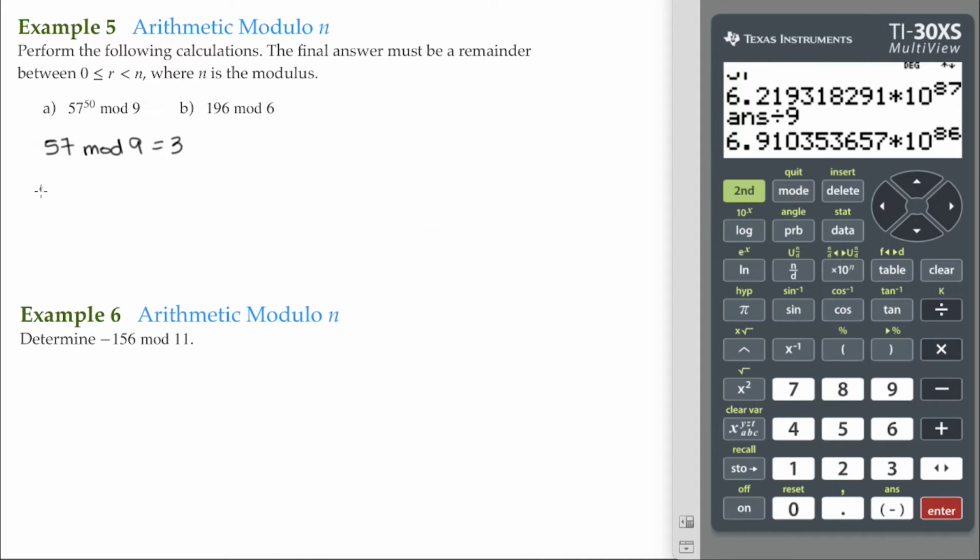So then we could write this as a congruence of 57 is congruent to 3 mod 9.